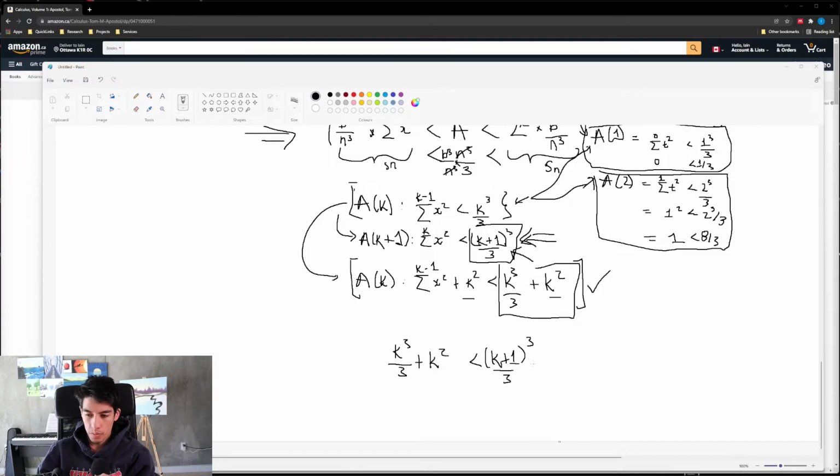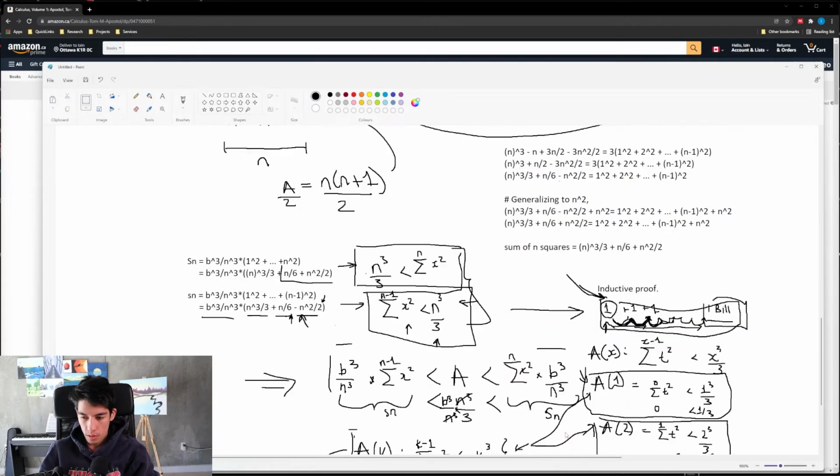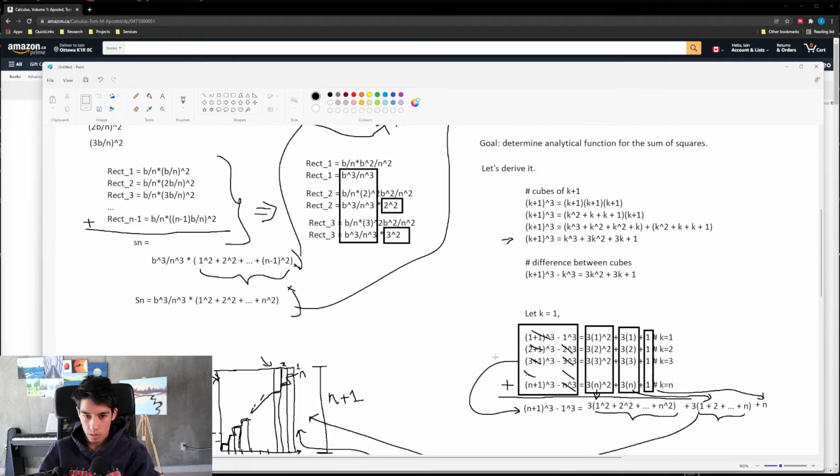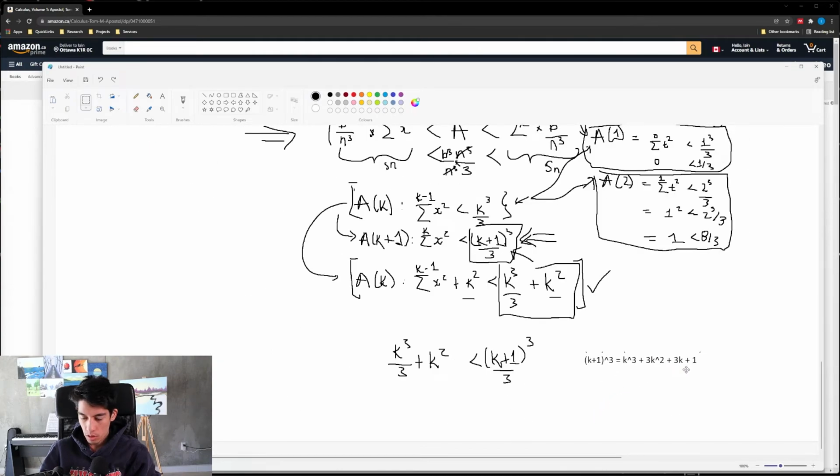We know this to be true because of the form of proof we did earlier, which I'll demonstrate by copying this and pulling this all the way down here. Whoa, where'd it go? So we know this proof to be true, right?